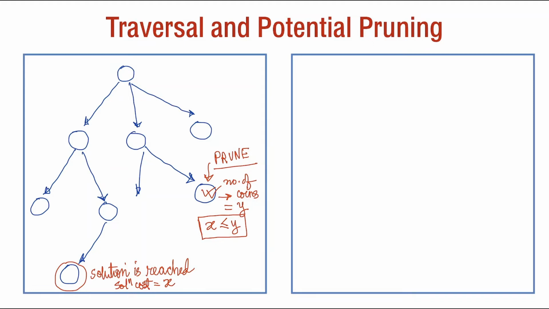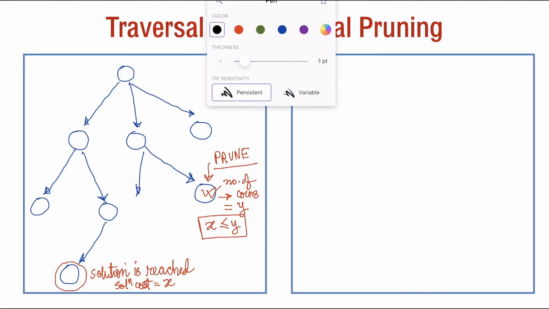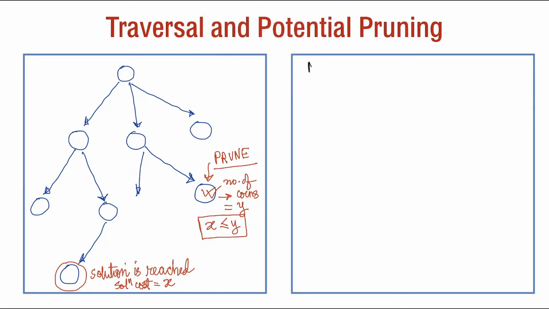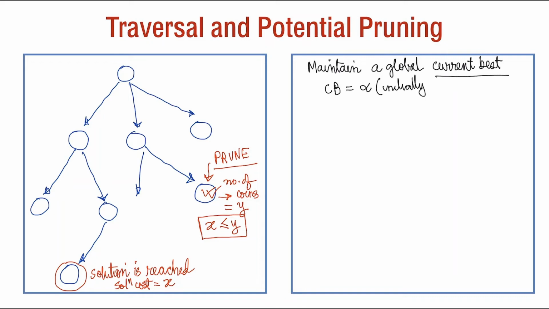We maintain a global current best, CB, which is initialized to infinity prior to the search.